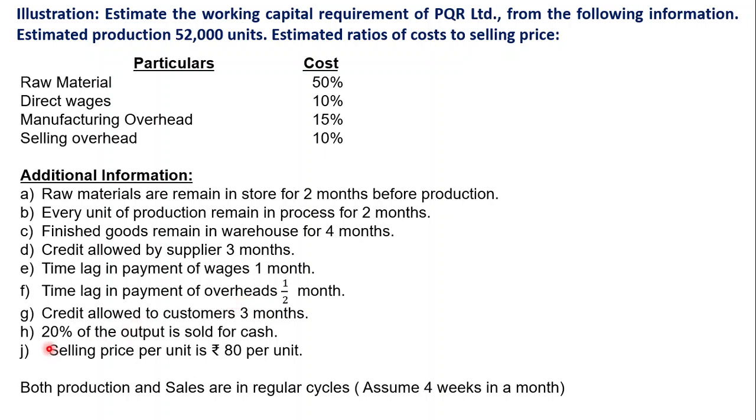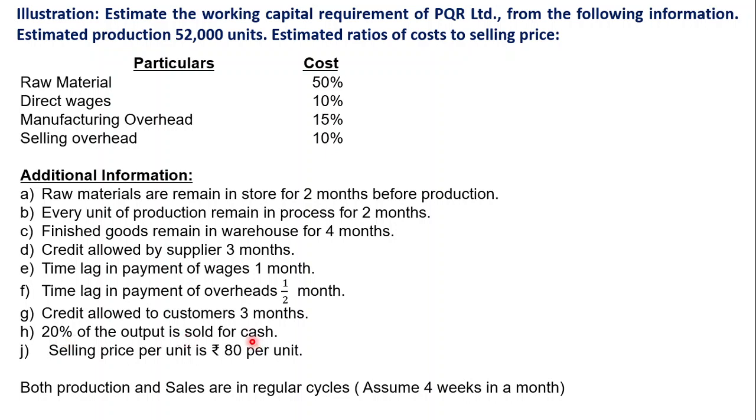One more adjustment is given. 20% of output is sold for cash. 20% means 1 divided by 5, that is 20 divided by 100, simplified. So 1/5 is sold on cash basis.